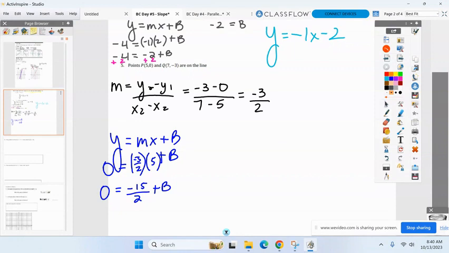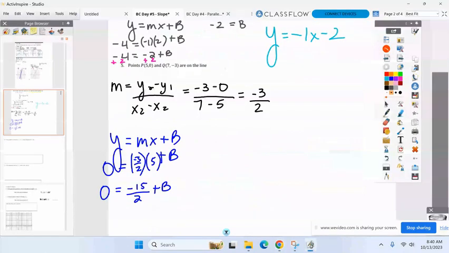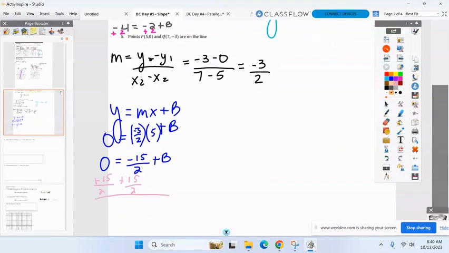All right, how do I get the b by itself now? You've got to add 15.5. Darn right I do. All right, we did it. B equals 15 halves.